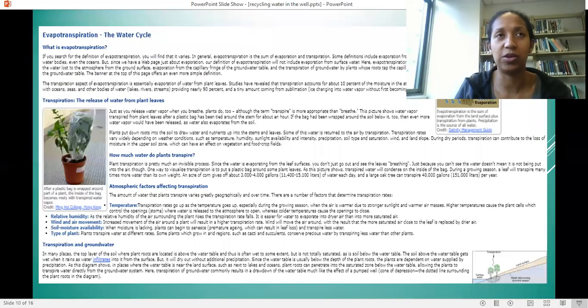Then I will continue with our activity for the day, which is comparing and contrasting.